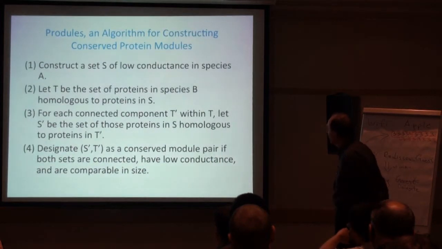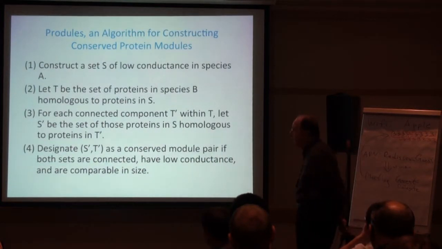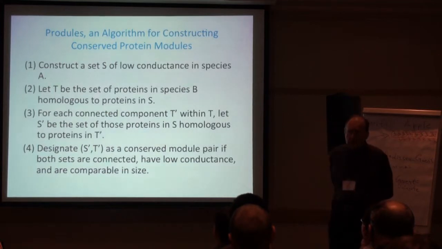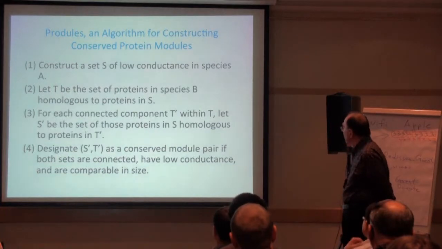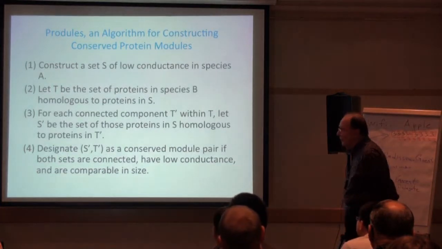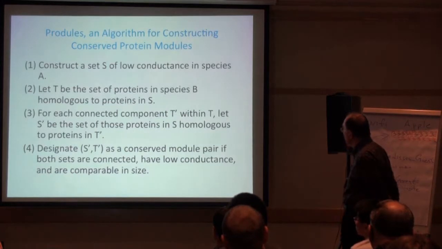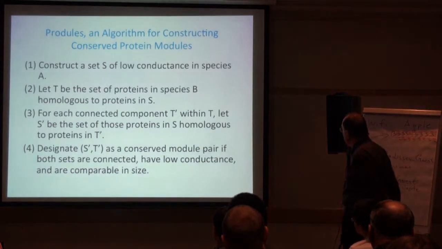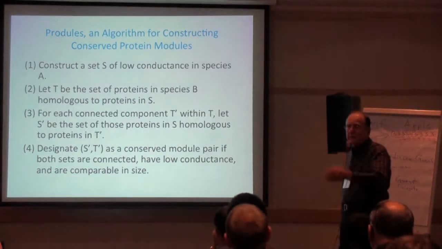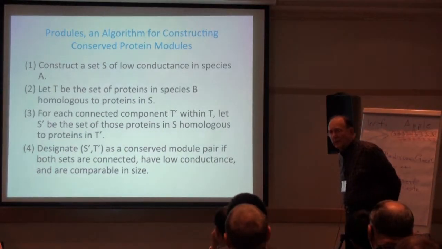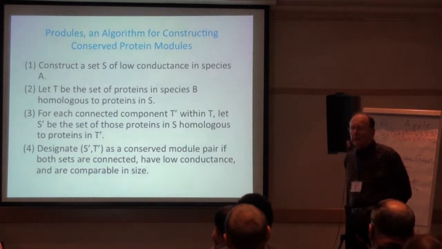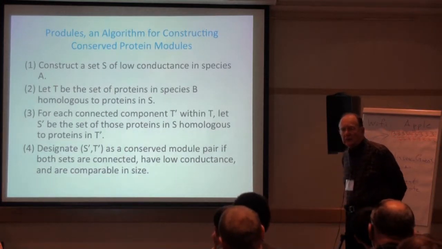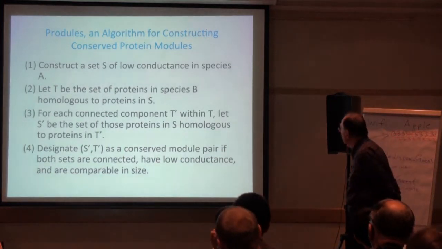So now, using this as a tool, I can describe an algorithm developed by my student Lukman Hodgkinson and myself, in which we look for conserved protein modules in the following way. We do this many, many times from different seed vertices. A typical protein-protein interaction network may have 10,000 nodes, so we're going to be starting these random walks from thousands of different nodes.